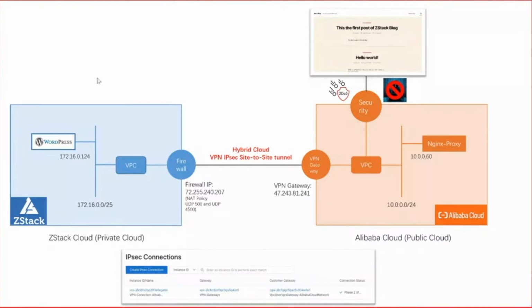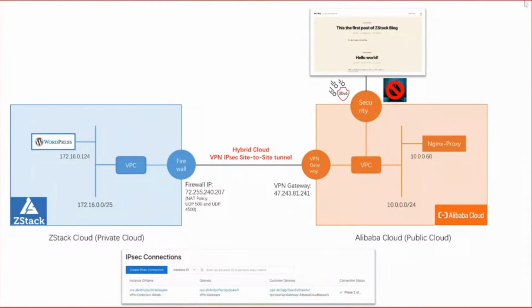So we have put a VM instance with a low specification and installed the Nginx proxy, and then the data from the public cloud network can be transmitted to the private cloud through the Nginx proxy, and the data is encrypted, and we only need to bind the network services into the VM. And once you have bound the security services from the Alibaba Cloud, you can enable it to the VM that we have added into the Alibaba Cloud.